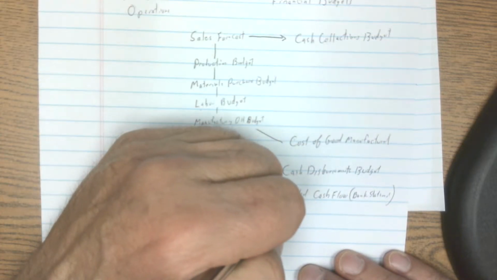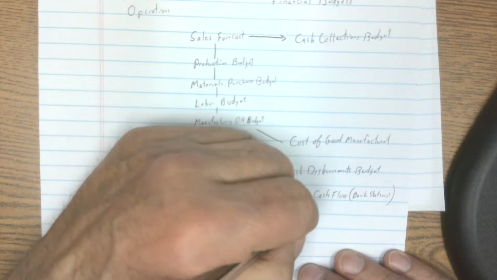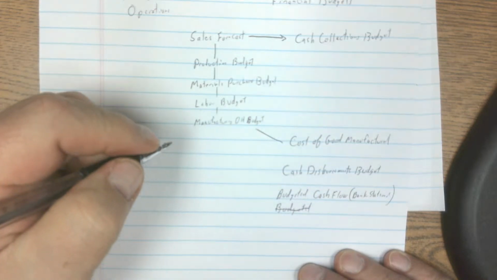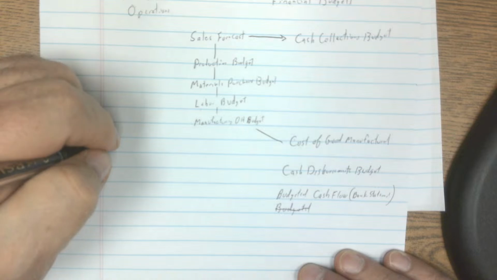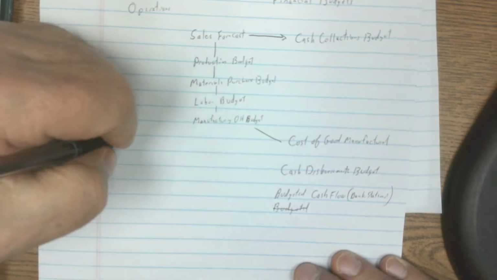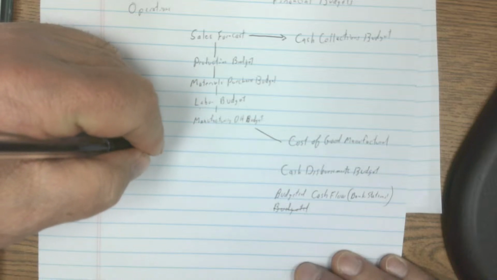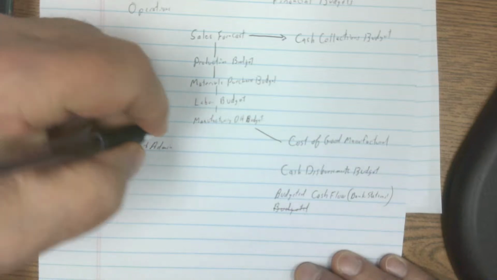We can do the budgeted income statement. But before we do the budgeted income statement, we need to come over here and do the selling and administrative budget.